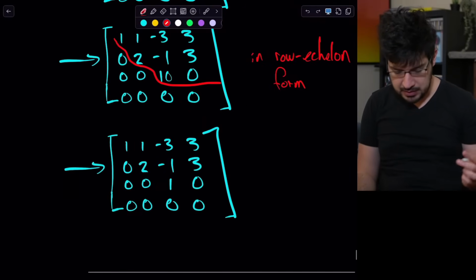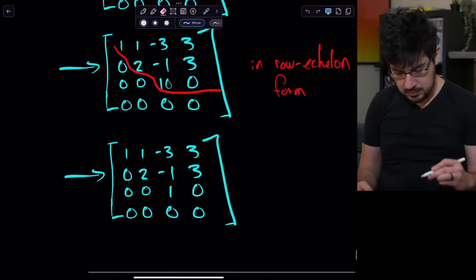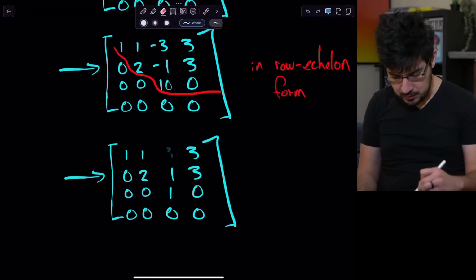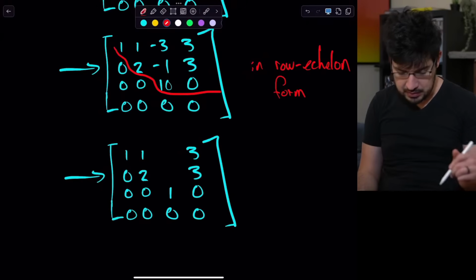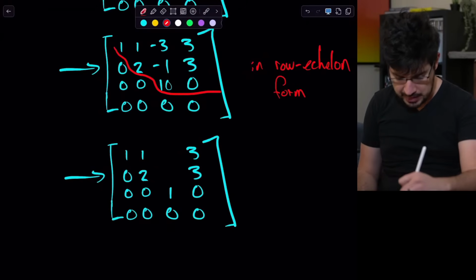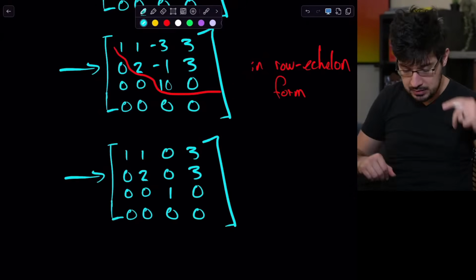Now we are trying to zero out as much as we can. All right, so we got that third row to be 0, 0, 1, 0, and then we can add and subtract that row from the others to zero out everything above it.